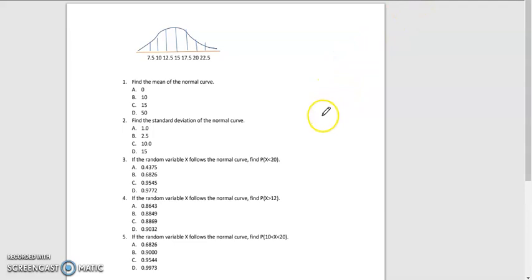You first compute z, and the formula for z says that z is equal to x minus mu, divided by the standard deviation.